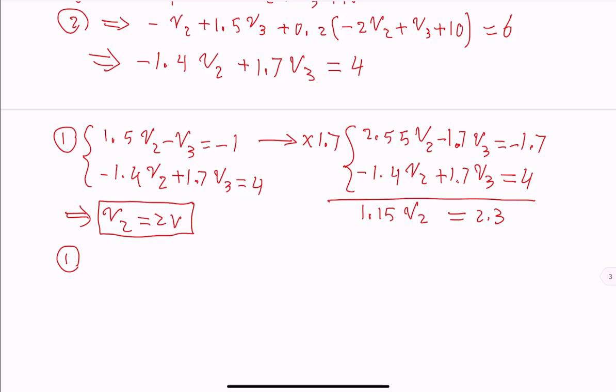From equation 1, V3 is 1.5 V2 plus 1, and that gives us 4 volts.